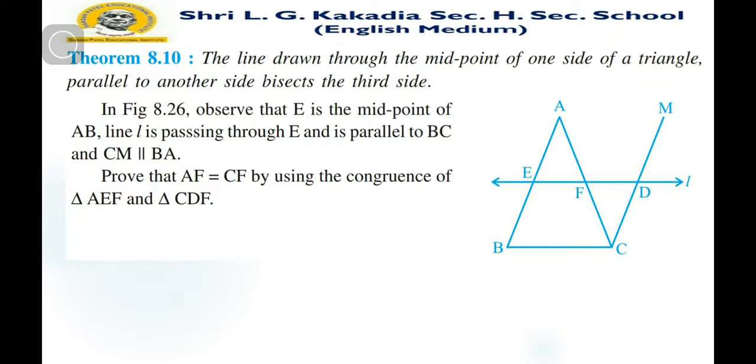We can prove it as we did in theorem 8.9, using the midpoint theorem: the line segment joining the midpoints of two sides is parallel to the third side, and its length is half of the parallel side BC.